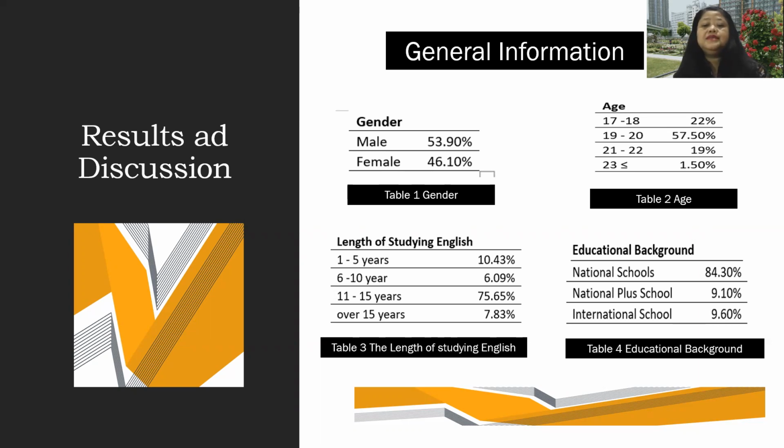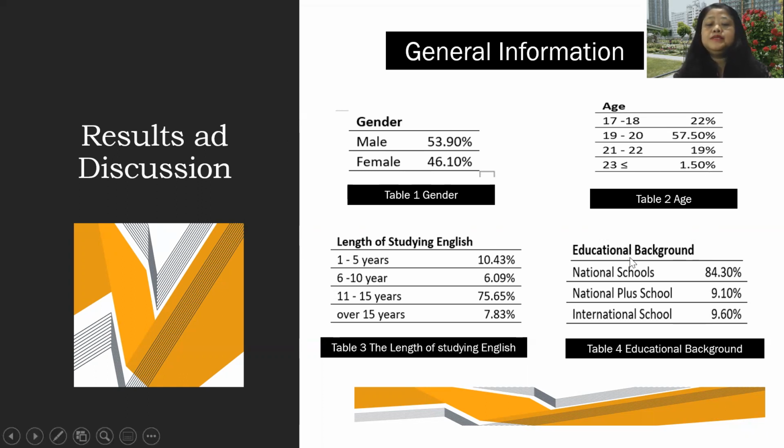From the age in table 2, you can see that mostly the students are aged 19 to 20, and only 1.50% are 23 and above. As for the length of the period of learning English, those respondents normally have learned for 11 until 15 years, because in Indonesia they learn English since elementary school.